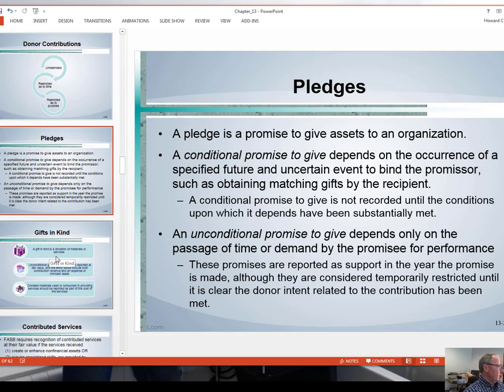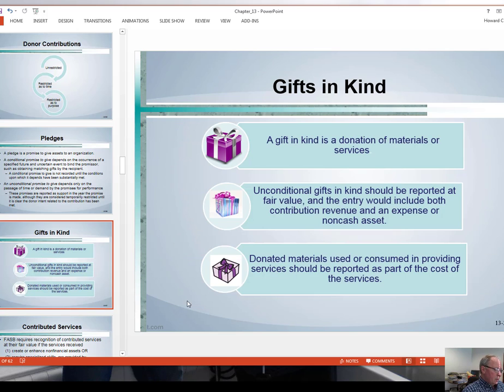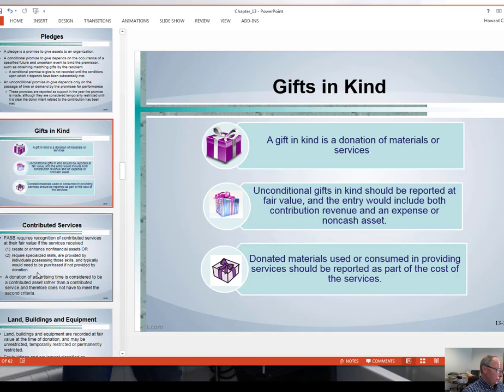If it's triggered by an event, like there's a multiple choice problem in the chapter where somebody gave a large pledge, but it was contingent on them getting funding to build a building. If they were unsuccessful in getting that funding, the pledge could expire or would never be recognized.